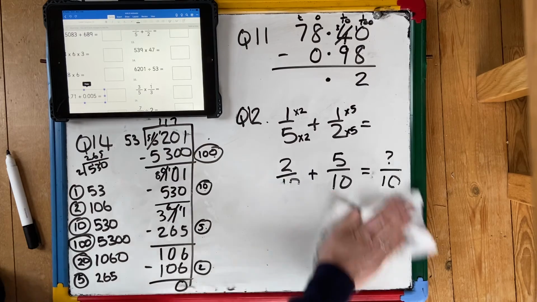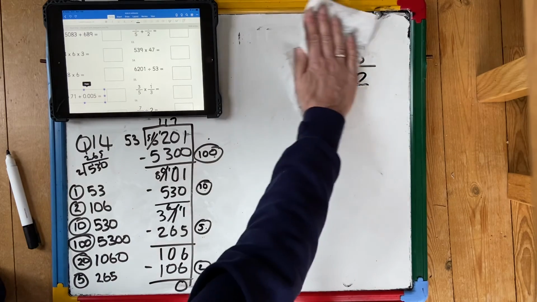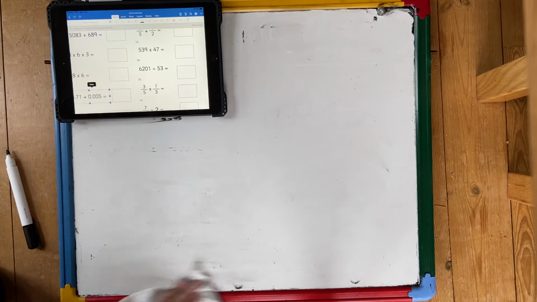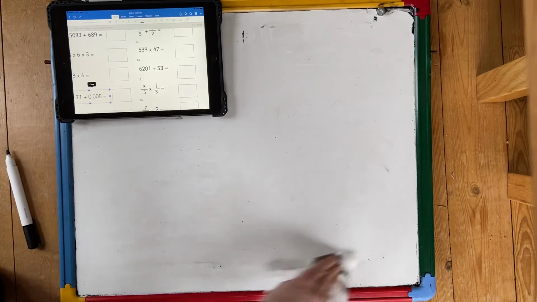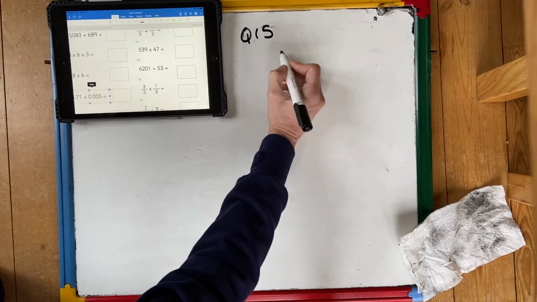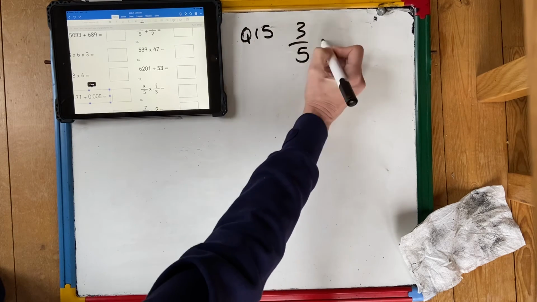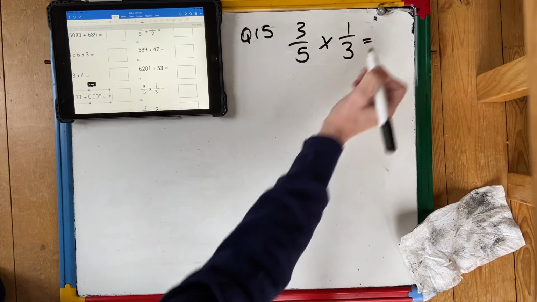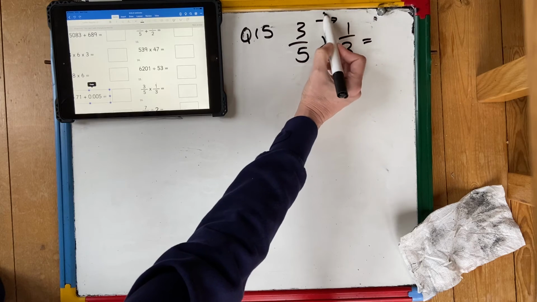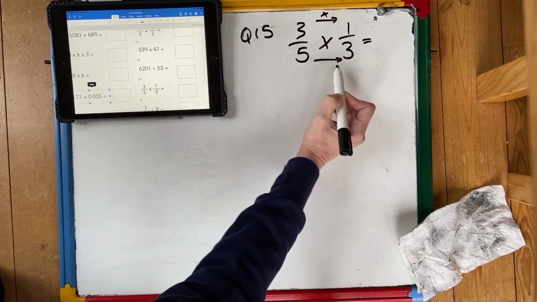Question 15. Three fifths multiplied by 1/3. When you're multiplying fractions, you just multiply the top, the numerator, multiply the denominator.